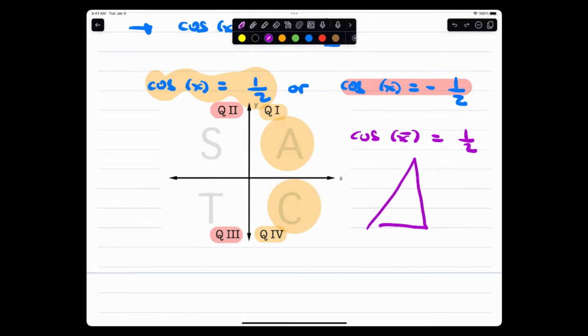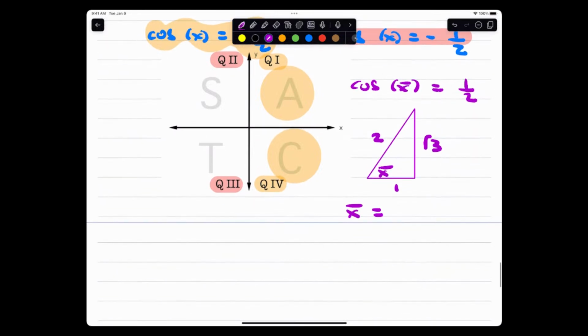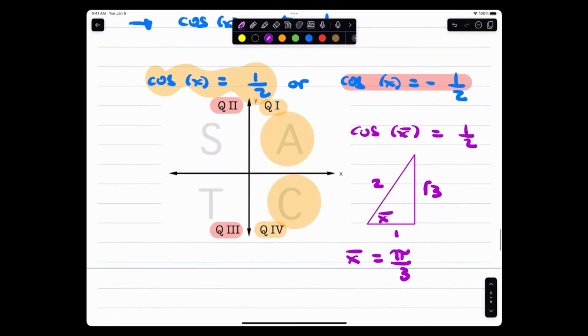What triangle is this? Adjacent over hypotenuse. Is this 1, 2, square root of 3? So what's the angle? Anybody remember what angle is that? Is that 60 degrees? Is that pi over 3? Is that right? 30, 60, 90?